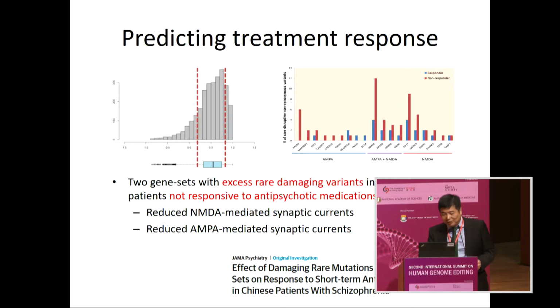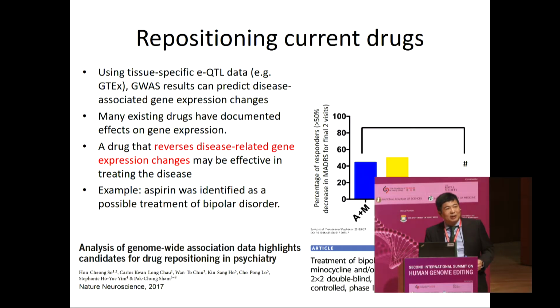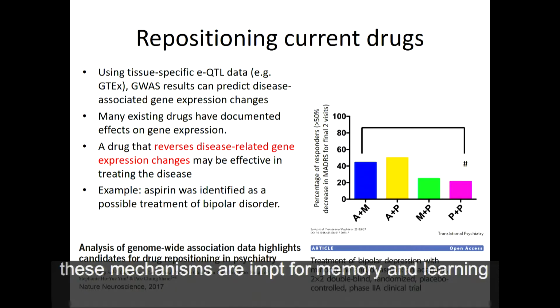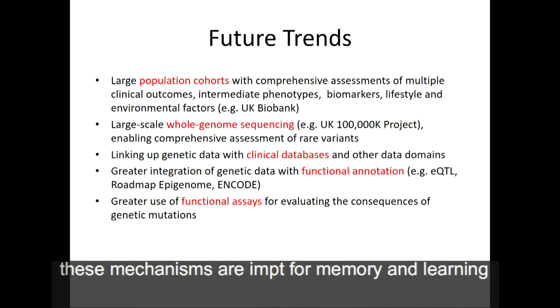And of course, these mechanisms are important in memory and learning, which are important for schizophrenia. And current antipsychotic drugs target dopamine, so perhaps it is not surprising that patients with genetic mutation in another system may not respond so well.